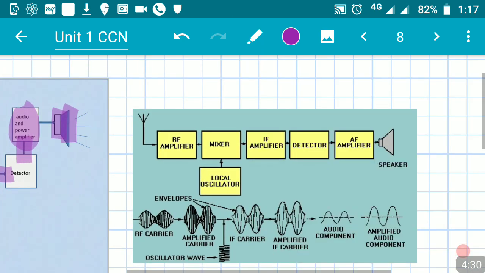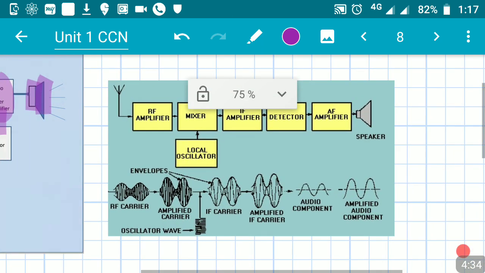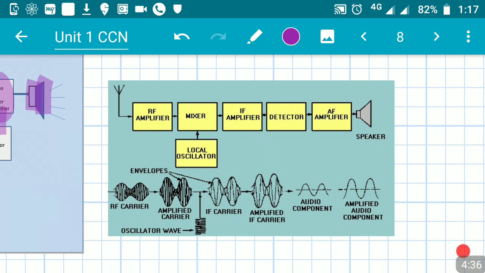Here I am going to use one more image wherein you can understand the different stages a little more easily. This is the signal that comes in through the antenna to the RF amplifier. The function of the RF amplifier is to amplify the signals, as shown in the figure.